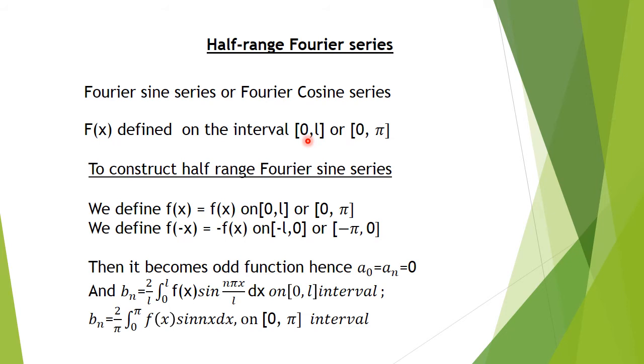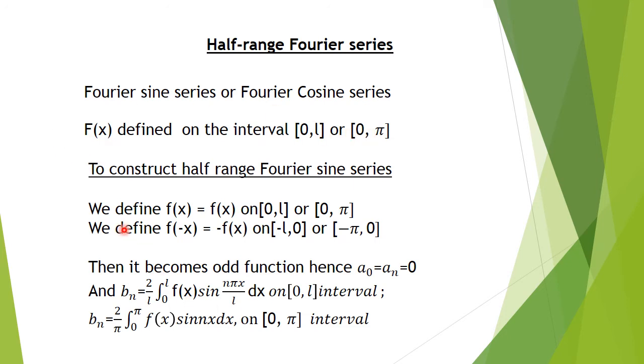To construct a half range Fourier sine series, how do you define f of x? f of x is already defined on 0 to L or 0 to pi. You need not do anything there.